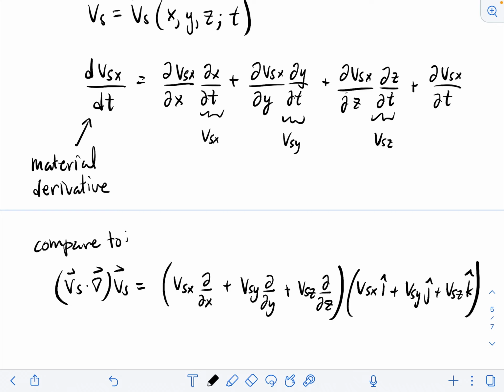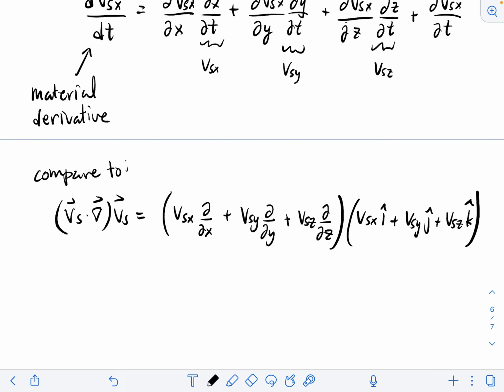And so if we focus just on the x component in the second bracket, what we would get after multiplication is Vsx dVsx dx plus Vsy dVsx dy plus Vsz d by dz of Vsx.